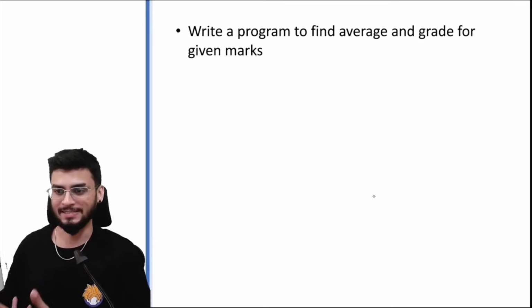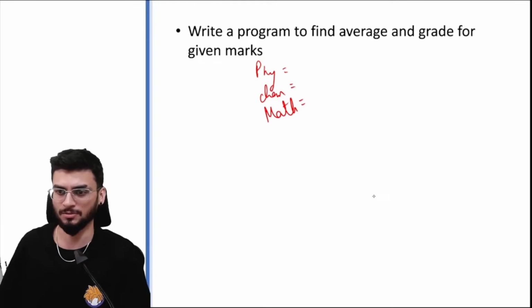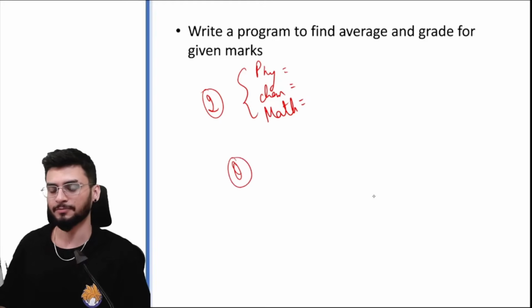So making it quite simple, let's just say we are taking physics, chemistry and mathematics marks from the user. This is your input. Your output would be your average marks and your grade.